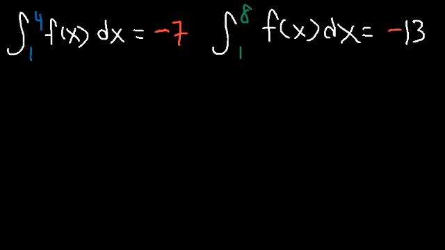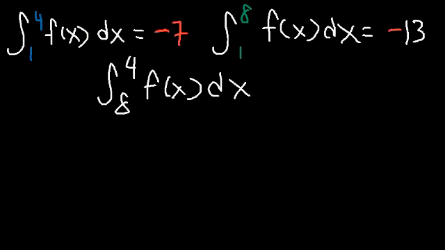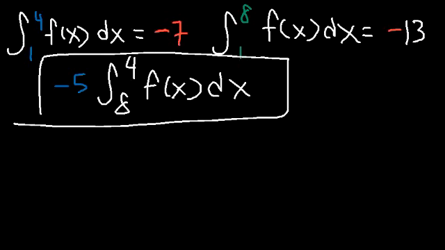What is the value of this expression, the integral from 8 to 4 f of x dx times -5? Feel free to pause the video and find the value of this expression.